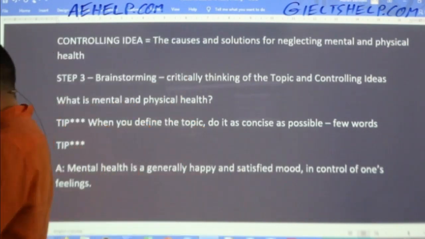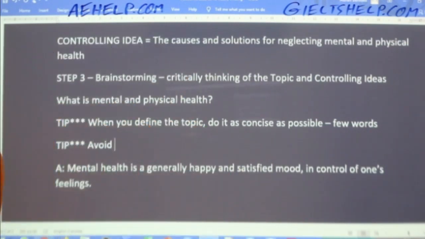So avoid defining the topic from the contra or negative perspective.